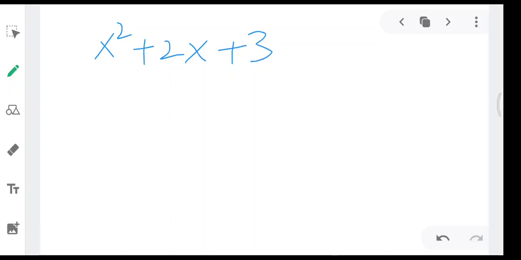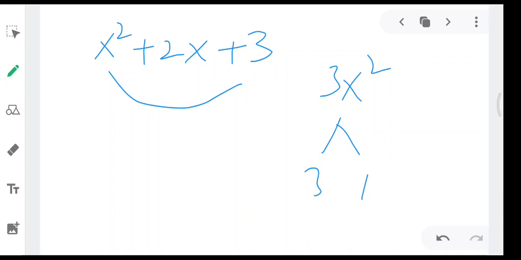Can you solve it by splitting? Can you find the zeros of this? 3 ones are 3. 3 minus 1 is 2, but 3 into minus 1 is minus 3. Do you have minus 3 here? So we cannot find it. Every time we cannot split the middle term and find the roots.